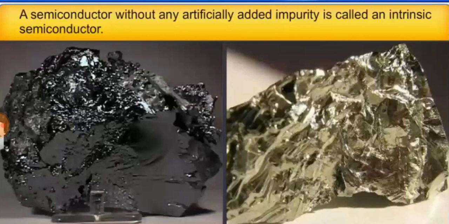Let us take a look at the atomic structure of silicon and germanium. Both silicon and germanium have 4 valence electrons. So let's see the atomic structure of silicon and germanium.